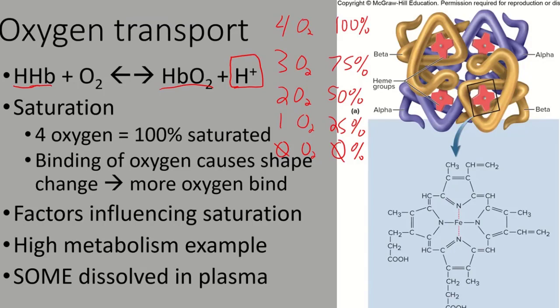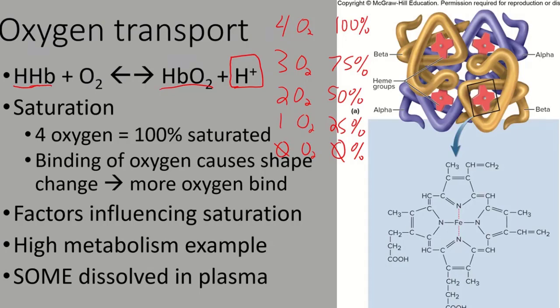We talked about this in muscles pretty deep when we added calcium to troponin. It changed shape. And that whole cross-bridge cycle was the result of adding something to and taking something away from a protein, causing it to change shape.